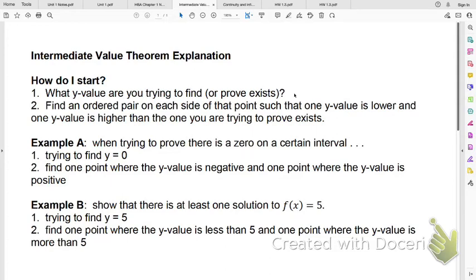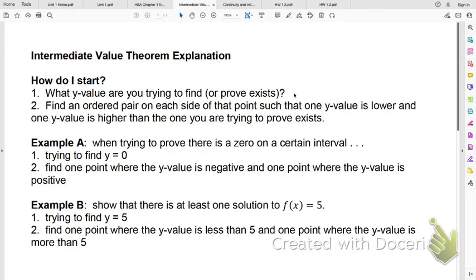So, how do you start? First, think about what y value you're trying to find or prove that it exists. It could be y equals 1, it could be y equals 0, it could be y equals 5, it doesn't matter, okay? You then may have to find yourself an ordered pair on either side of that value, such that one y value is lower and one is higher.